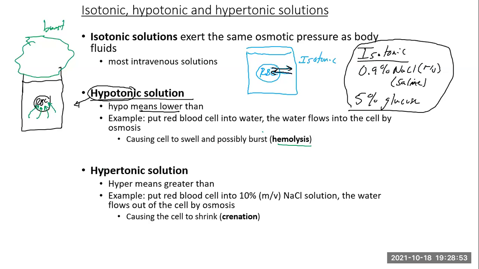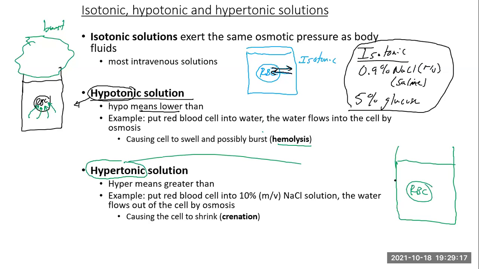So what happens in the other situation if we actually have a hypertonic solution? Hyper means more than, which means outside the cell, the solution is greater than inside of the cell. So again, if we look at a drawing of our red blood cell in a hypertonic solution, that means outside the cell is more concentrated than inside the cell.